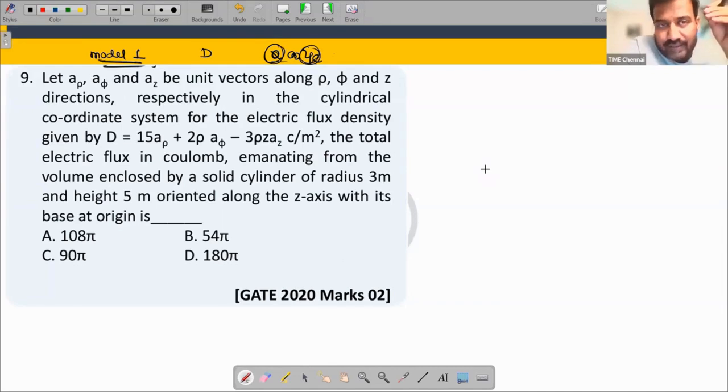If you are trying, type trying so that I'll understand. Please type in the chat box.